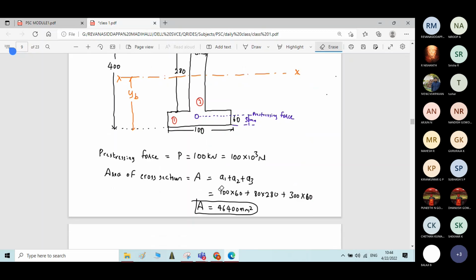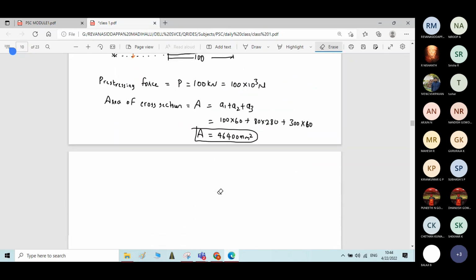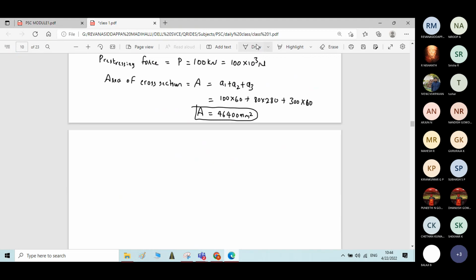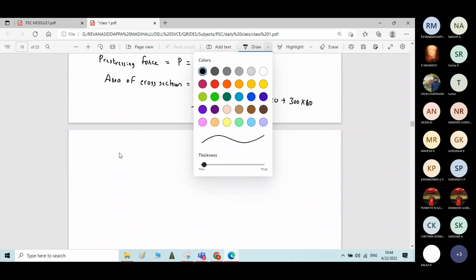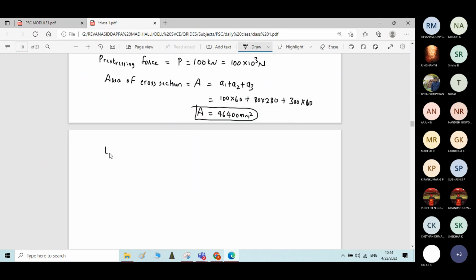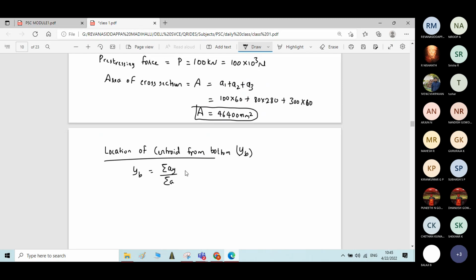Therefore, YB, the location of centroid from bottom. What is the formula? Y centroid is nothing but sigma AY by sigma A, the generalized formula.